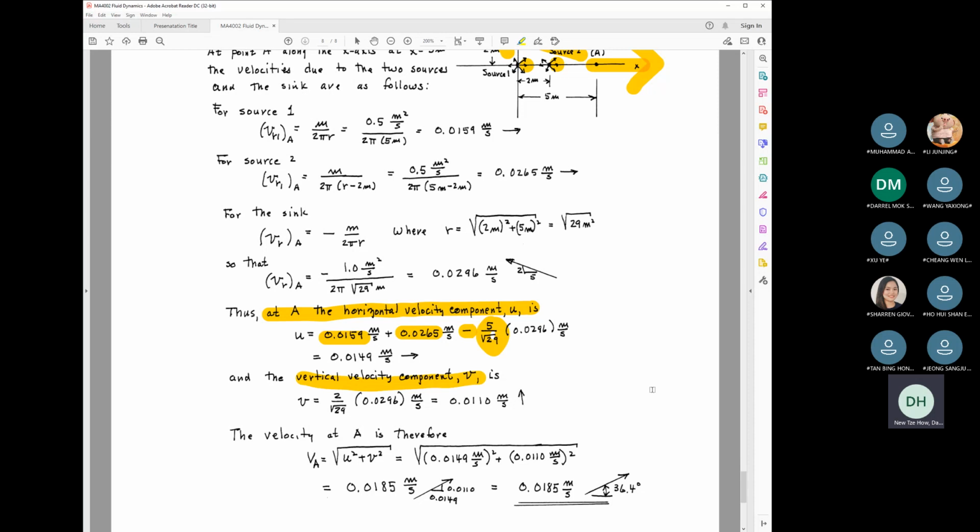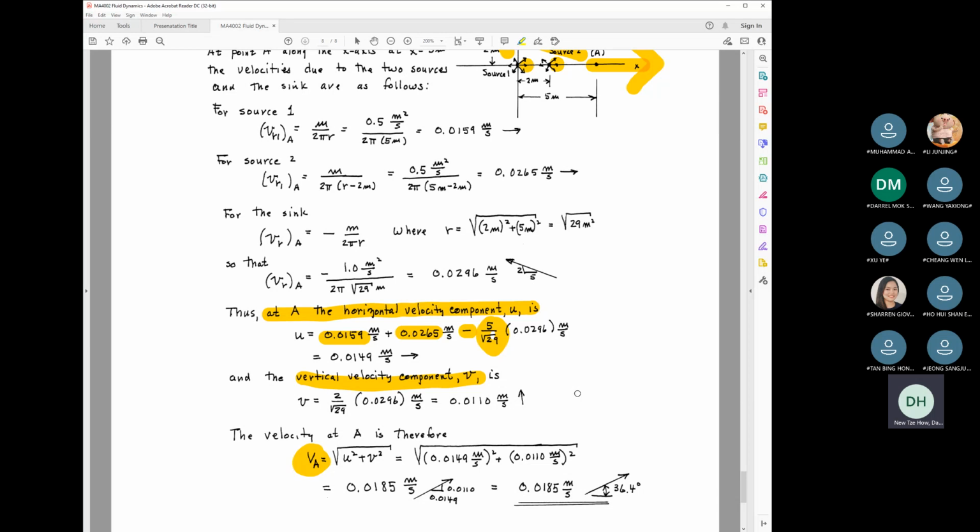If all you want to find out is the magnitude, it's possible to use the cosine rule or sine rule. So long as you are consistent and you get the answer, it's perfectly fine with me. Depending on the flow situation, sometimes it's quite troublesome to resolve this, resolve that. Some more enterprising students say, hang on, I remember my cosine rule and sine rule, why don't I use that to solve the problem instead? Then I say, by all means, just go ahead.